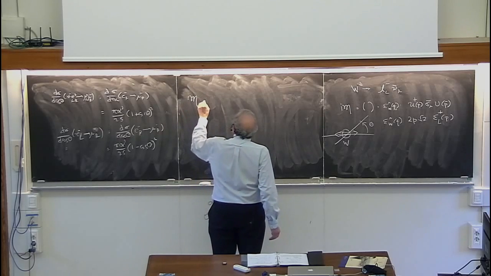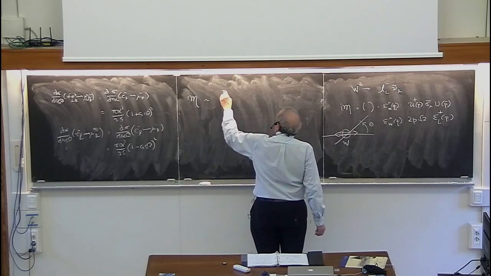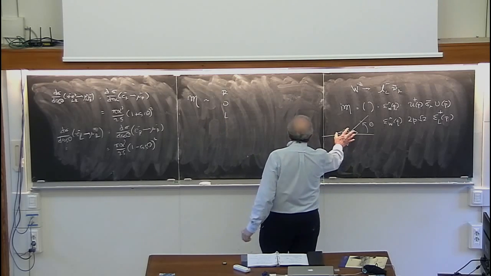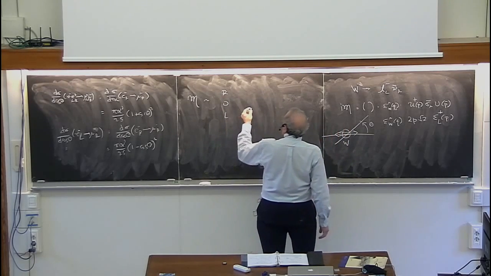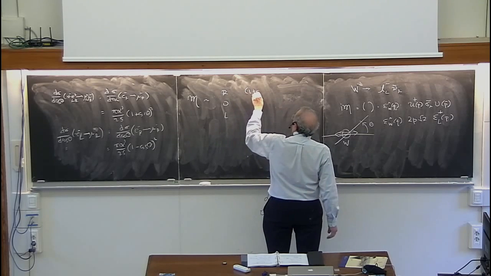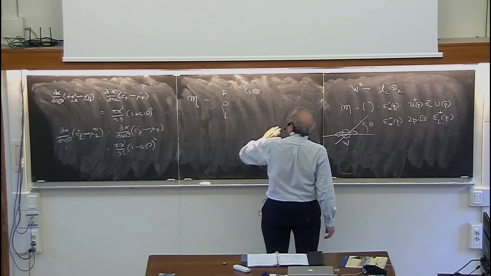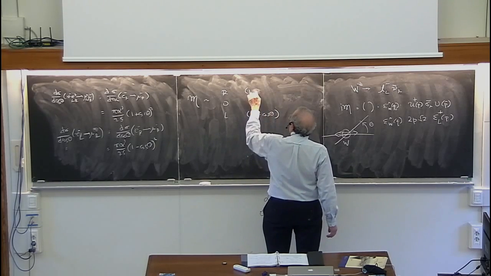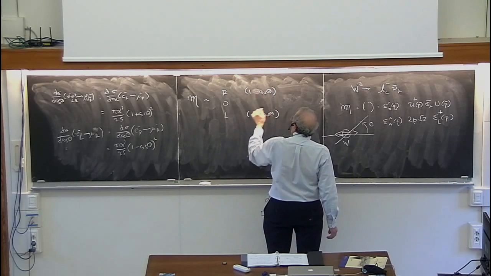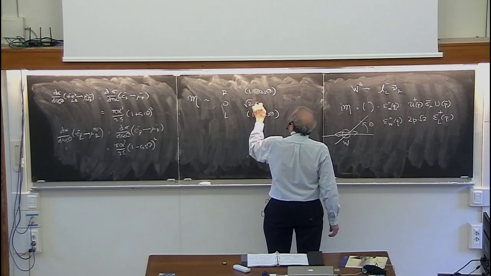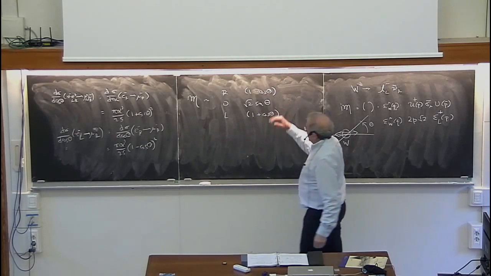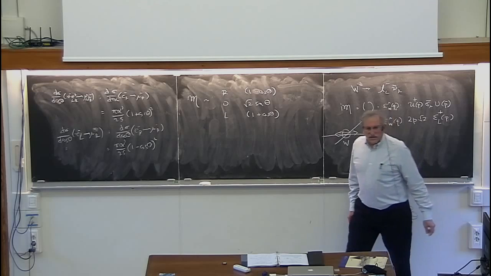The matrix elements for right-handed, zero (longitudinal), and left-handed polarization of the W at rest will be proportional to 1 plus cosine theta, 1 minus cosine theta, and the square root of 2 sine theta. And then if I square these, I'll get the angular distributions.